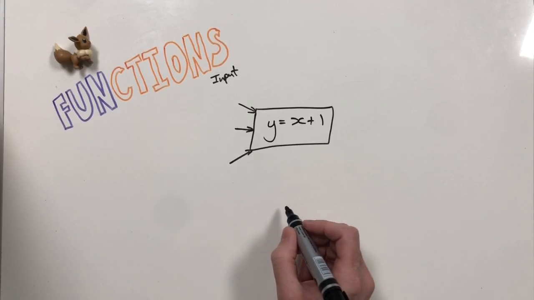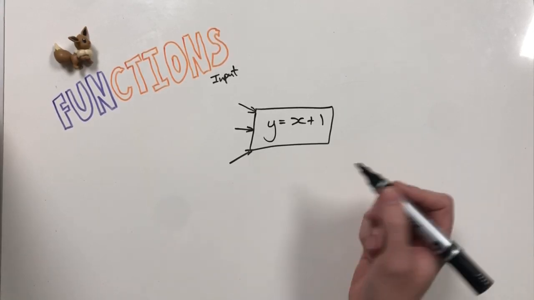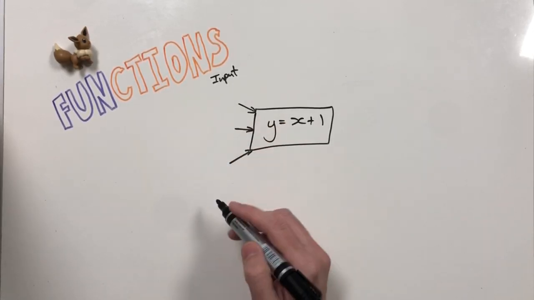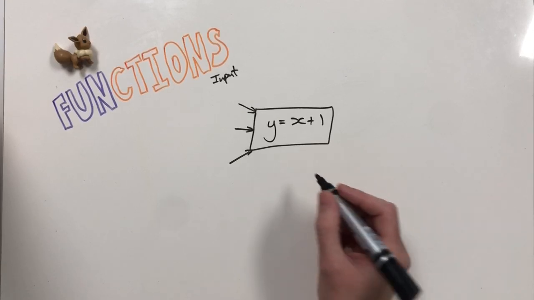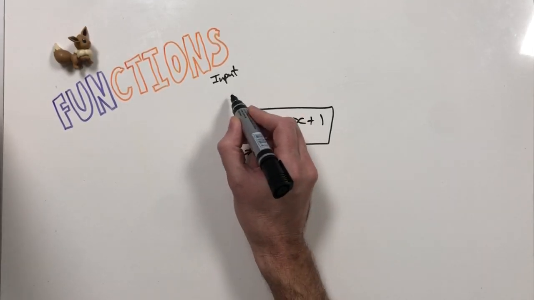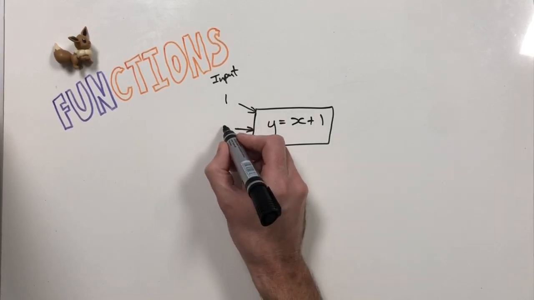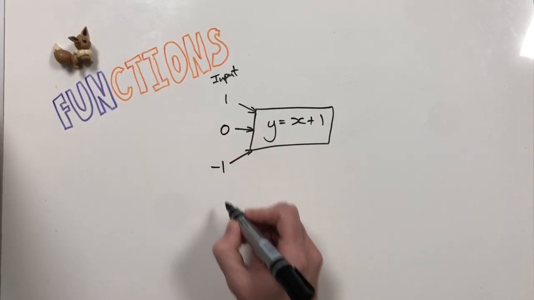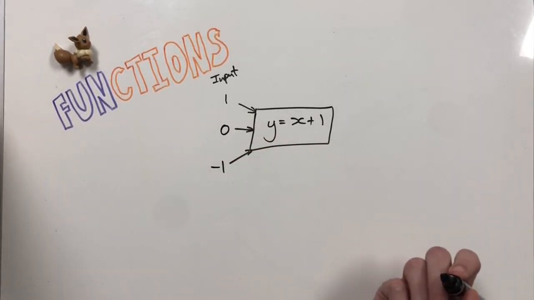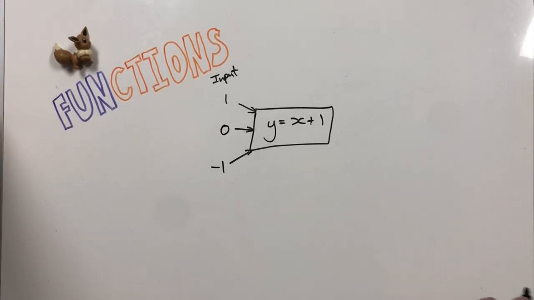It's also very normal to do a table method. They're pretty much the same. The input value, I'm going to choose my own. I'm going to choose 1, 0 and negative 1. Why did I choose 1, 0, negative 1? They're just easy to work with for me.